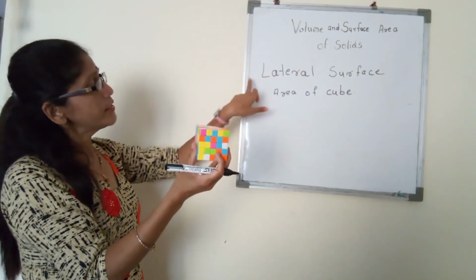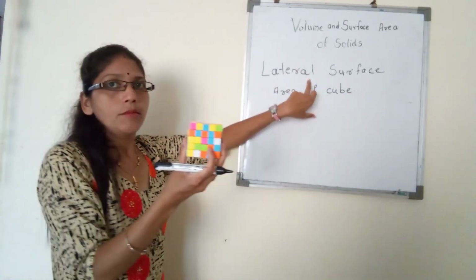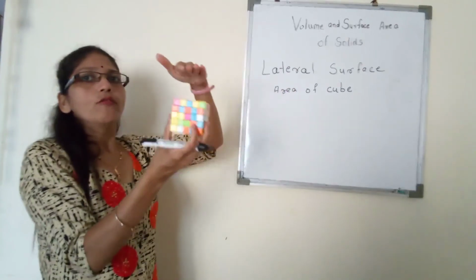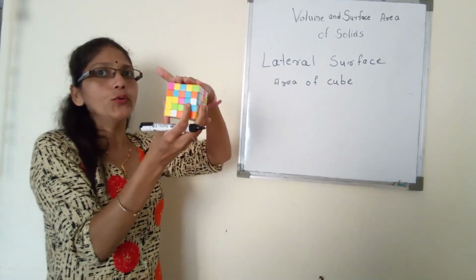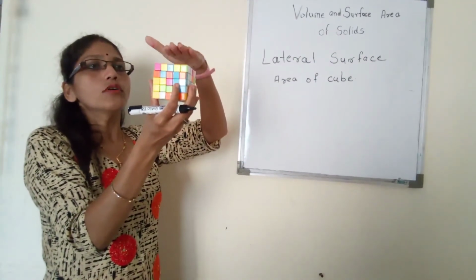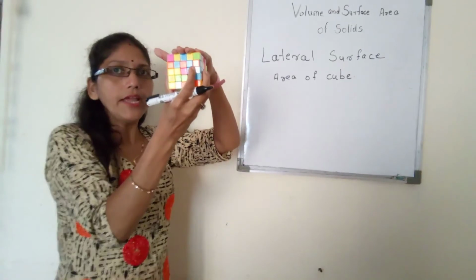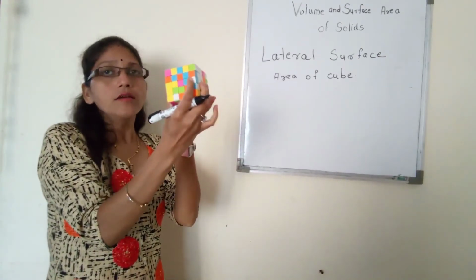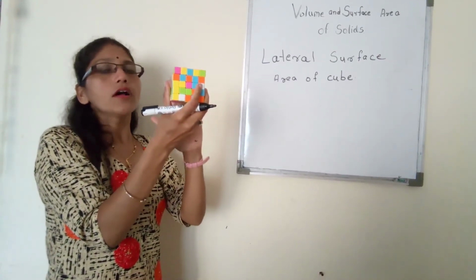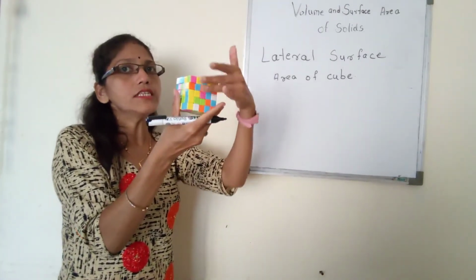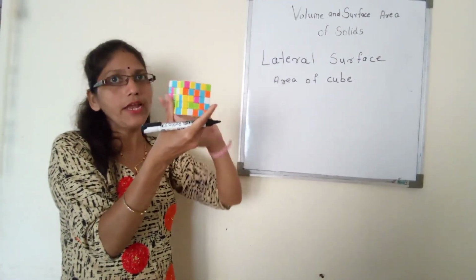But what is meant by lateral? It means we have to remove this one area and this one area, so we only have to count the 4 square areas.